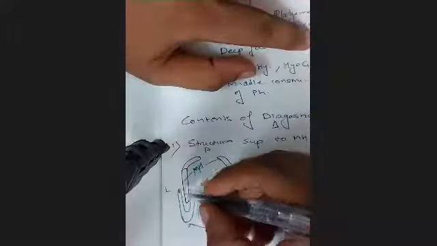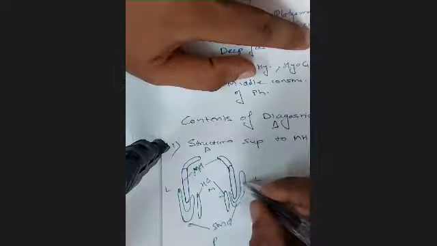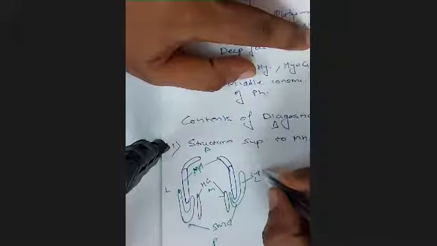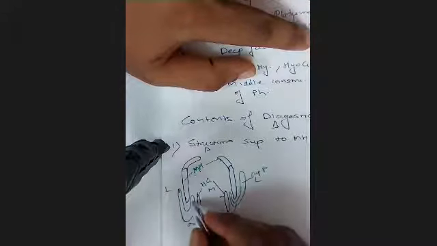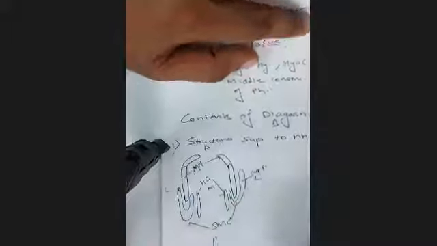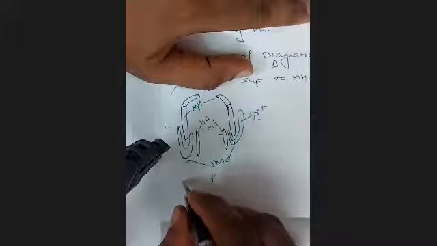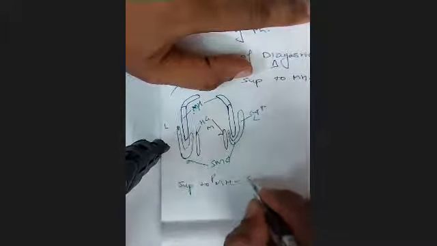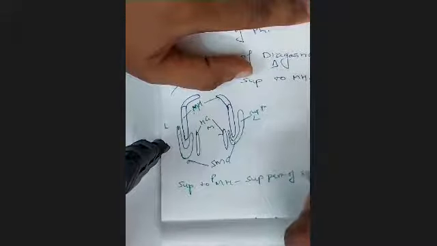That means superficial to mylohyoid is the superficial part of submandibular gland. So submandibular gland, this part is the superficial part, and this part is the deep part. So by seeing this diagram, I conclude that superficial to mylohyoid is the superficial part of submandibular gland.